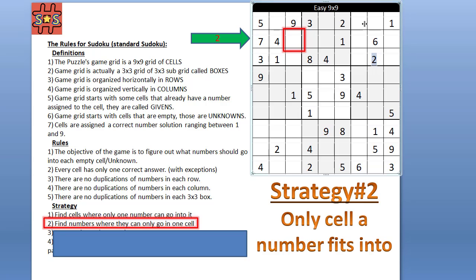Well, there's a 2 in this box and a 2 in this box. So that means that 2 must go in this box. Now don't worry if you don't see that or understand that. Trust me, you'll understand it and you'll see it later on. I'll get you there.